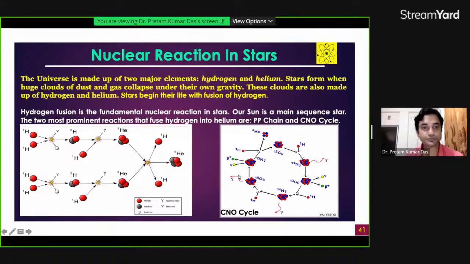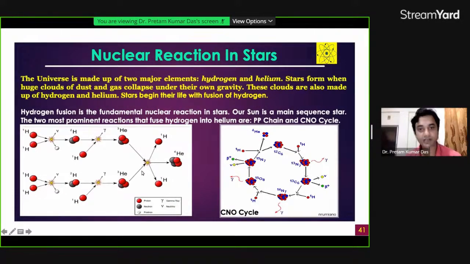Two famous reactions are happening in stars. One is the PP chain reaction, another is the CNO cycle, the carbon nitrogen oxygen cycle. In the PP chain reaction, two protons come together and form a deuteron, and when the deuteron meets another proton, it becomes helium-3, and similarly here also helium-3.